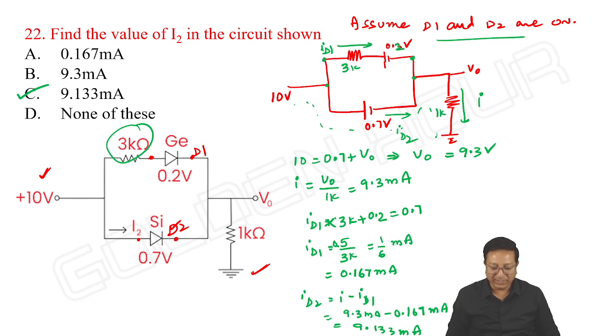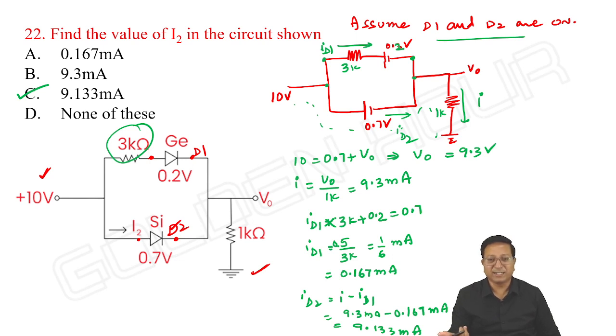Then for ID1 plus ID2, anyway V output is fixed at 9.3 and I is 9.3 milliampere. So by reducing the value of 3K, I can increase ID1 such that ID1 plus ID2 may exceed 9.3 milliampere. Possible.